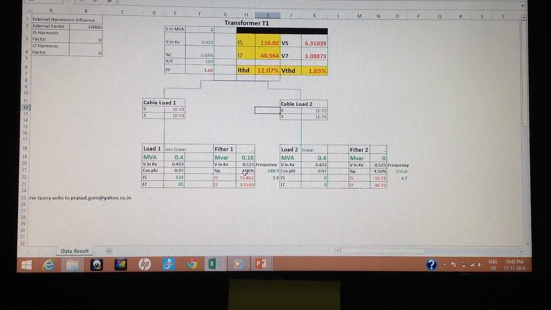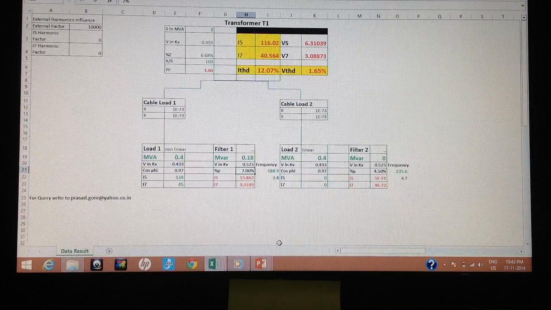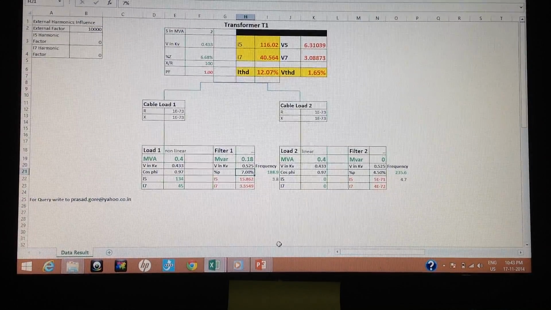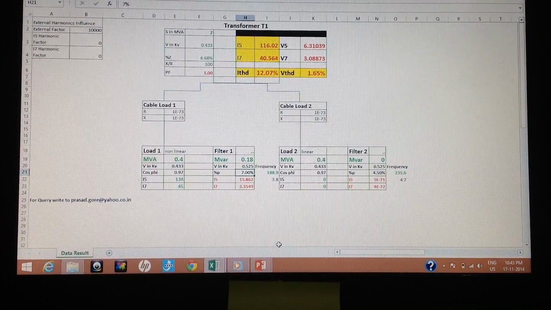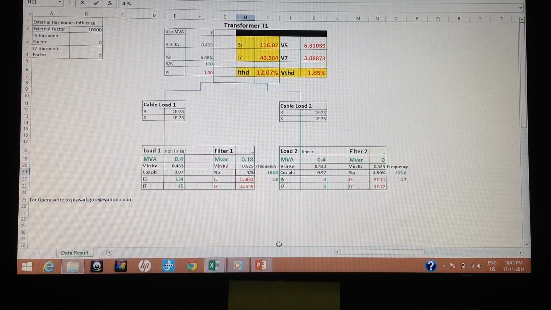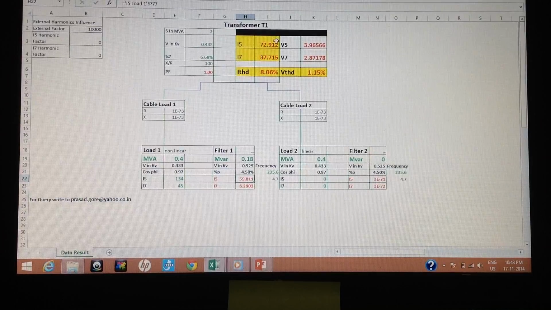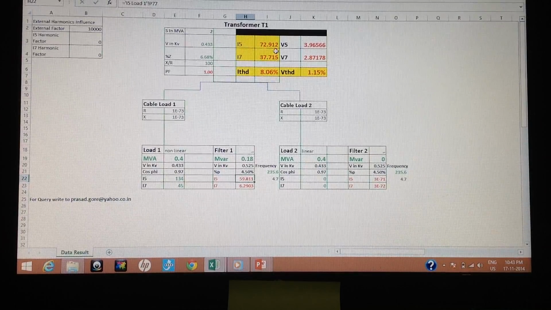Now to achieve more reduction, we'll go nearer to the fifth harmonic and have, let's say, a 235 Hz series frequency. Now see, when there were no harmonic filters in place, the I5 observed at the transformer mains was 131. Now it has gone down to 72.